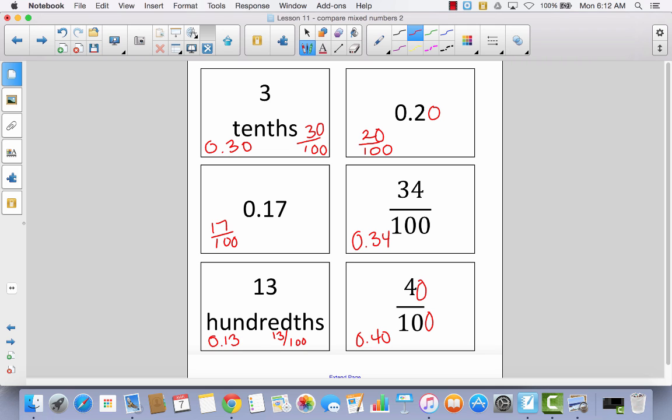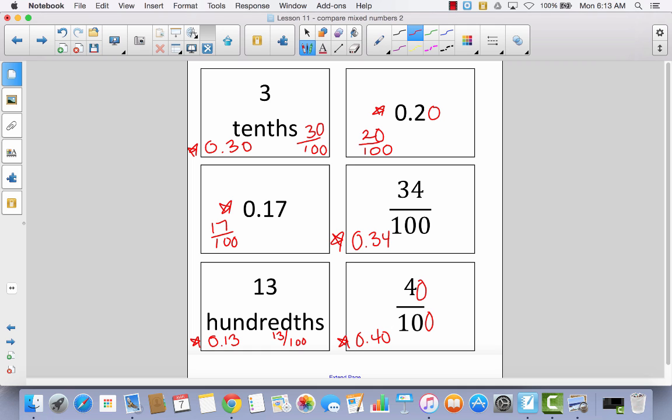So now that they are all in the same form, we could look at the fractions or we could look at the decimals. It doesn't matter, but we should pick one and we could compare. All right, so how about we just look at the decimals? Okay, so we've got 30 hundredths, 20 hundredths, 17 hundredths, 34 hundredths, 13 hundredths, and 40 hundredths.